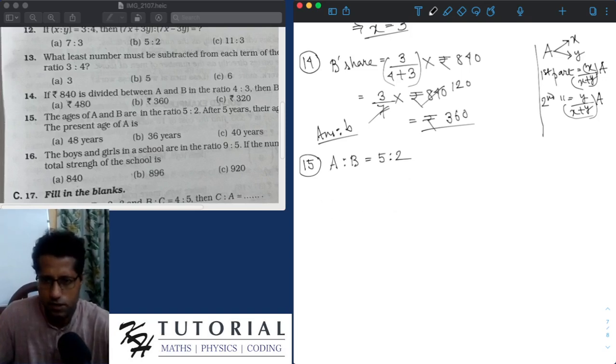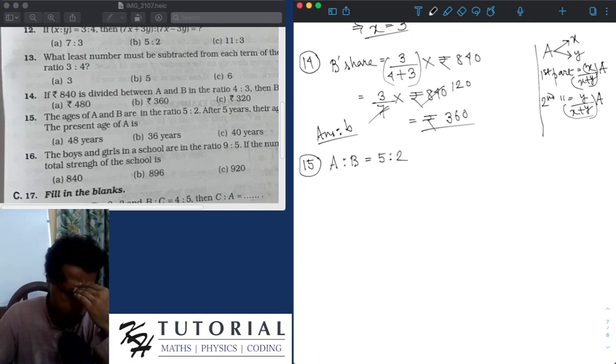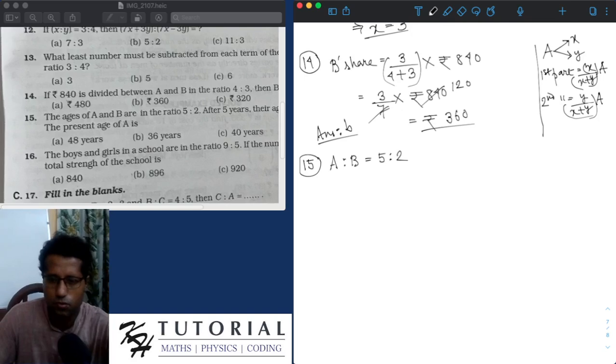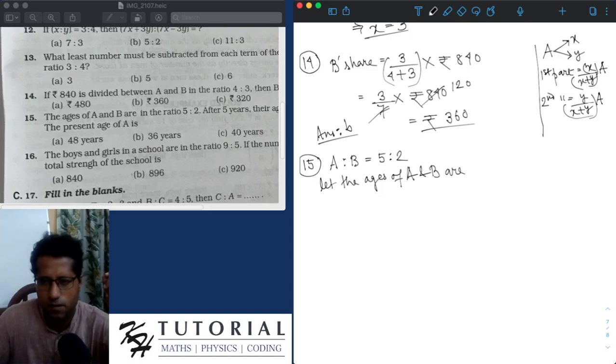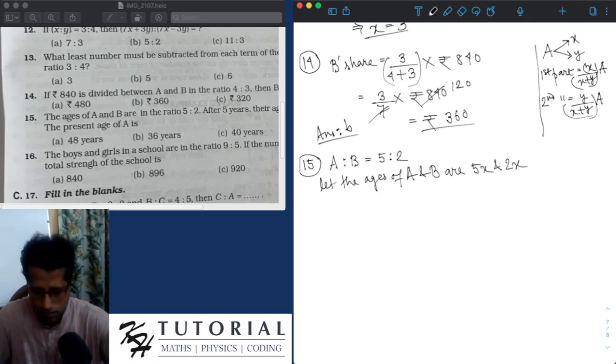For solving this kind of problem, the ratio is given. The ages of A and B are in the ratio 5:2, so A is to B equals 5:2. So we assume that the present ages of A and B are 5x and 2x.